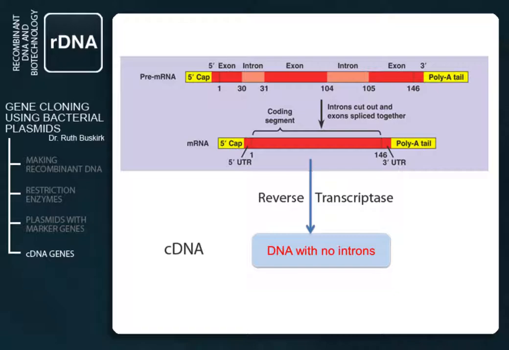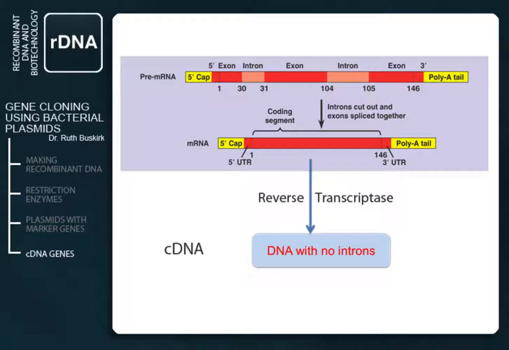Instead, we have to use a cDNA version of the gene that contains no introns. This cDNA, or complementary DNA, is made in vitro in the laboratory from messenger RNA that has already been spliced and contains only exons. This process, making DNA from RNA, is not typical of either prokaryotic or eukaryotic cells.